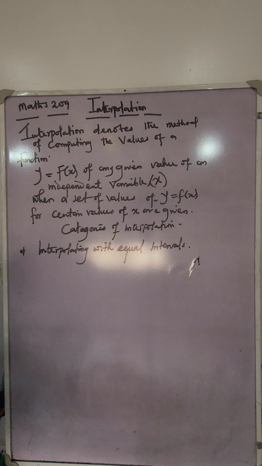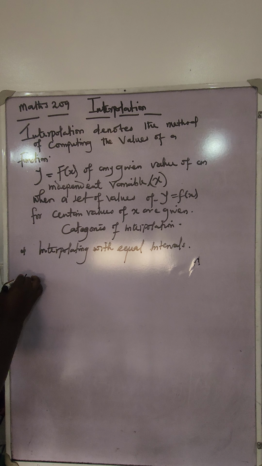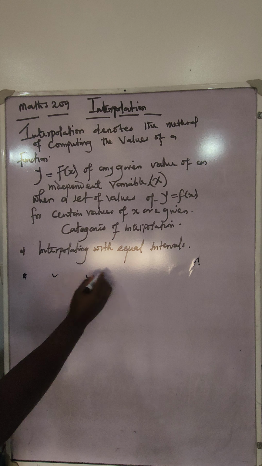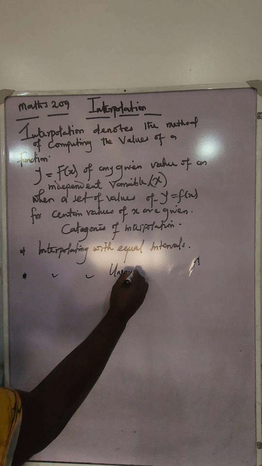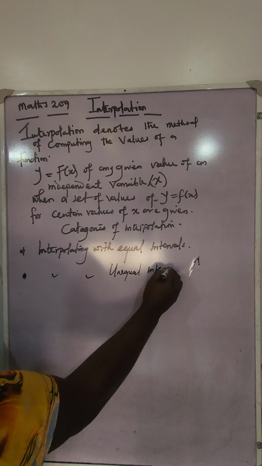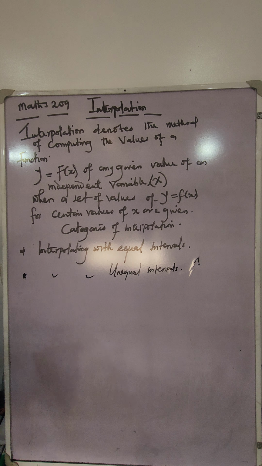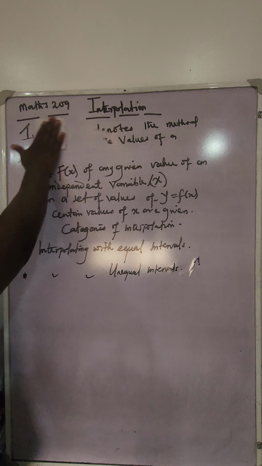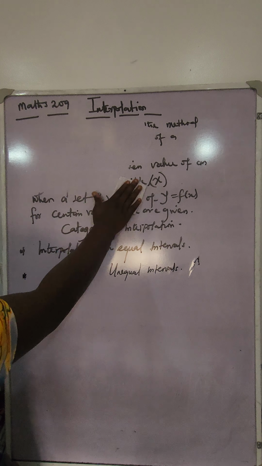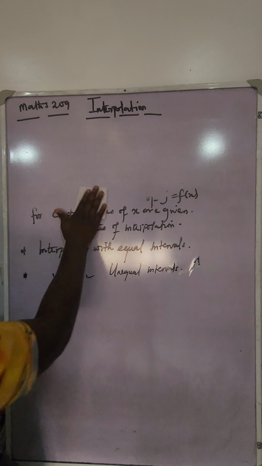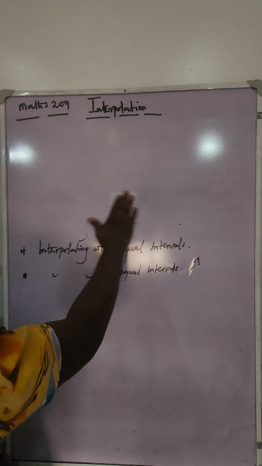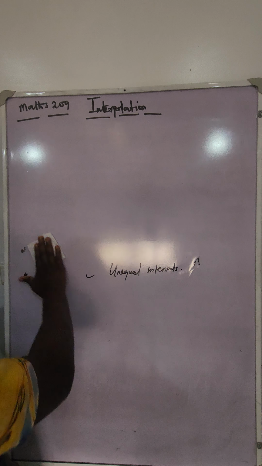You can as well interpolate with unequal intervals. You can decide to interpolate with equal intervals, or you can decide to interpolate with unequal intervals. And so you find out that there are different approaches to solving questions that have to do with equal intervals and with unequal intervals. So let's look at that.